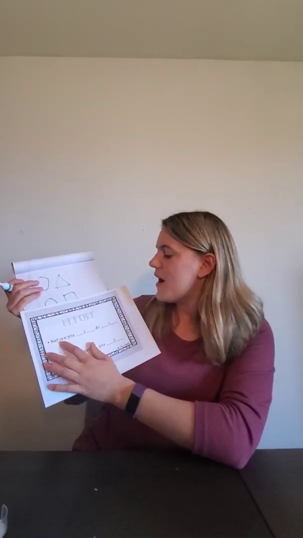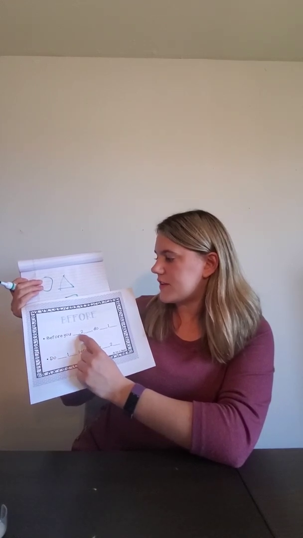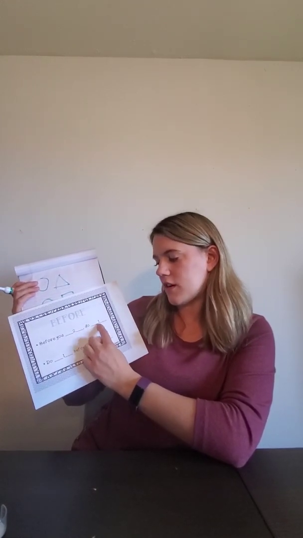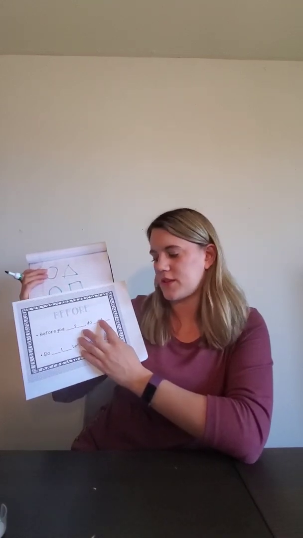So use this visual if you're ever doing following directions that have these phrases in them, because you can plug them in. So if I said, before you draw the square, draw the circle, the numbers tell you which one I want you to do first. So circle was first and then square.